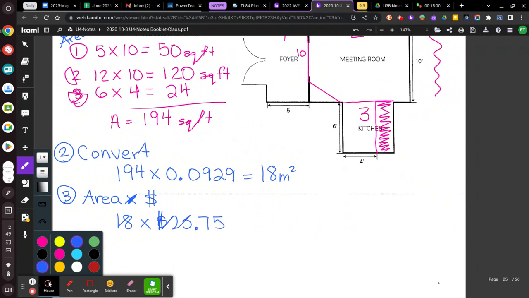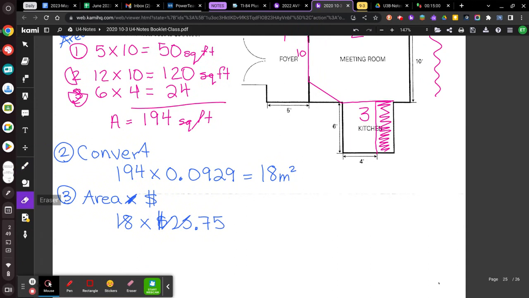Is it 125 or I can't? It's blurry. What is it? 18 times 25.75. I'm trying to erase it. It's supposed to be 25.75. As soon as it erases here.